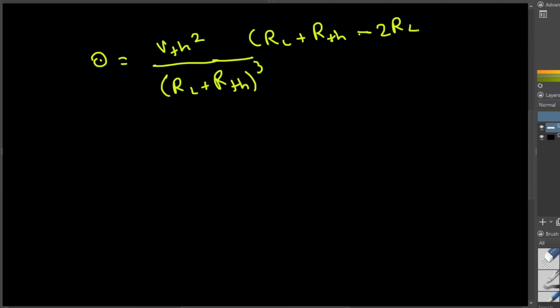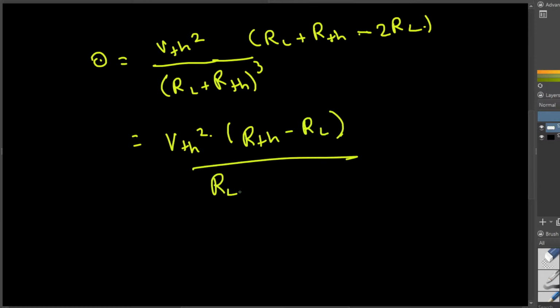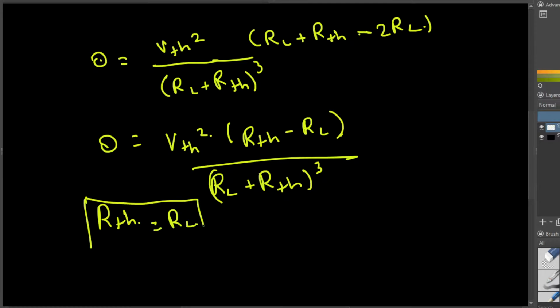If you simplify this further, this becomes V Thevenin squared times (R Thevenin minus RL), since we have RL minus 2RL, and in the denominator we have (RL plus R Thevenin) cubed. The whole thing is equal to 0, and if you simplify and solve for this, you get R Thevenin equal to RL. You can prove that by simplifying further.